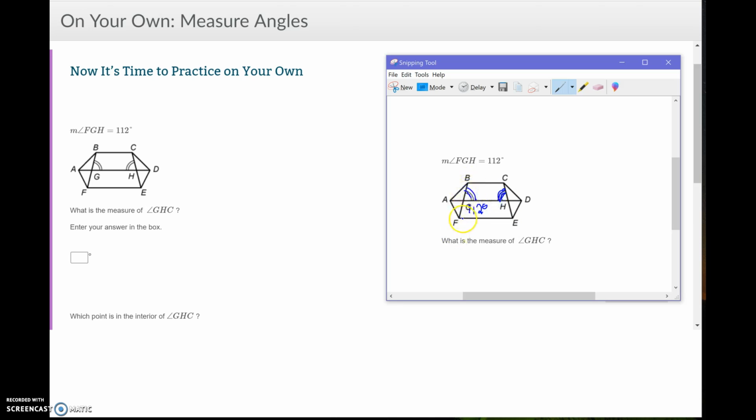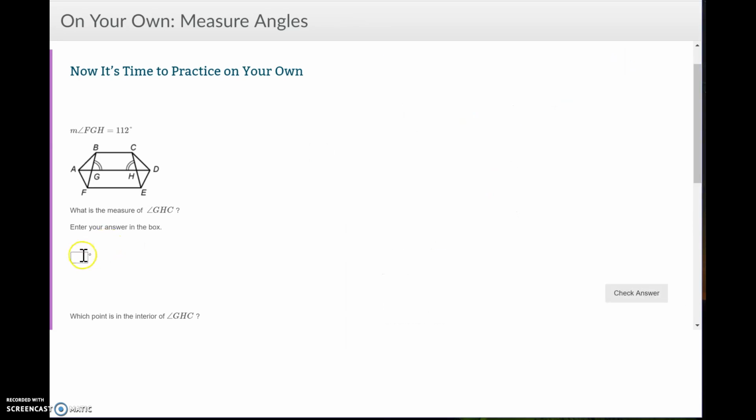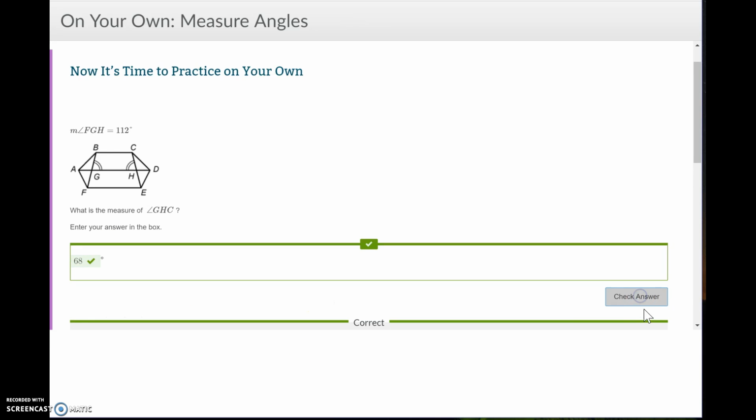This one is on a straight line with the 112. So straight lines are 180, so we take 180 minus 112, and we get 68. So if this angle is 68, then this angle is 68. There we go. That's on your own practice.